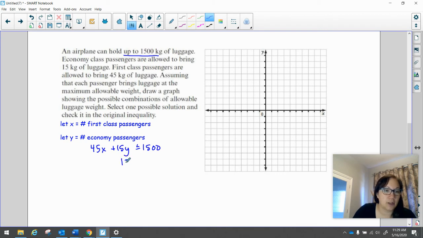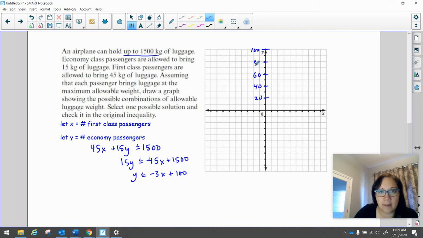I'm going to arrange that in y equals mx plus b form. Divide each side by 15. Okay, so this time it's a little bit more awkward because I've got to go all the way up to 100. So I have to rescale this and say that instead of this being a 10, this is going to be 100, which means every square is worth 10 instead of being worth 1.